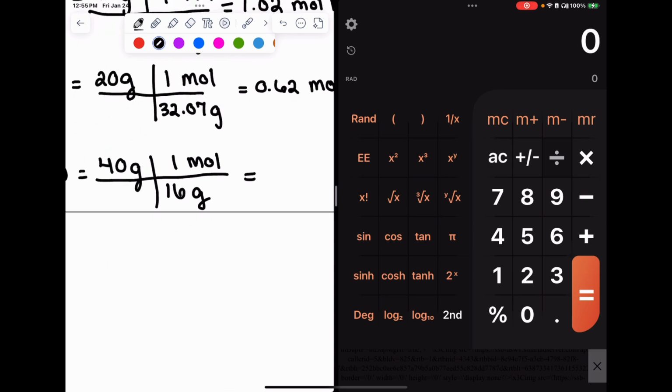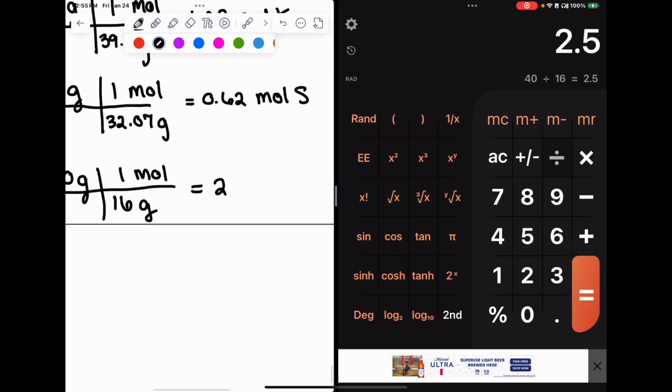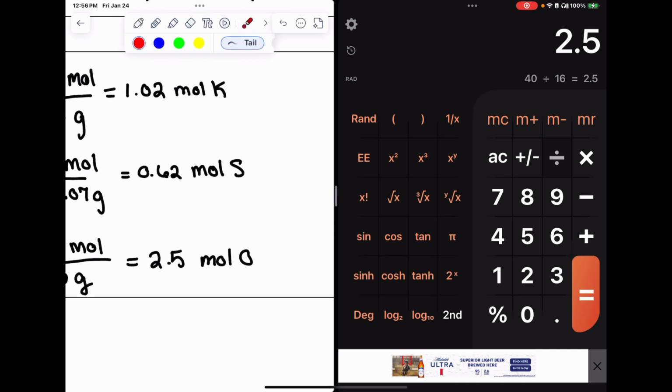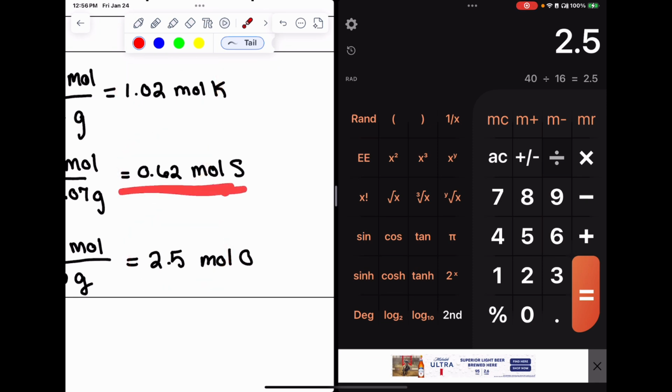Then we have 40 divided by 16, which is 2.5 moles of oxygen. Now, looking at these three, which one of these three is the least amount? Well, sulfur has the least of 0.62.